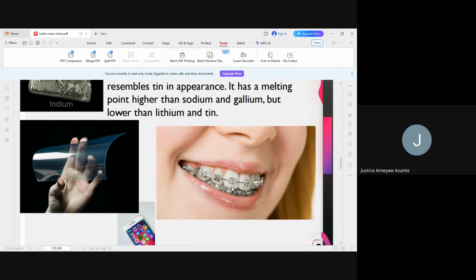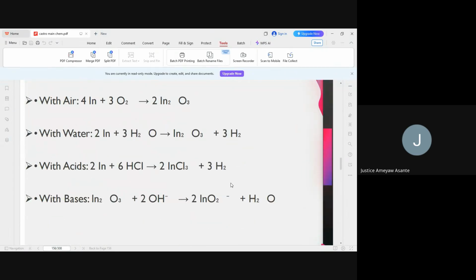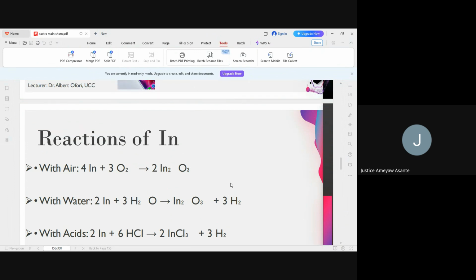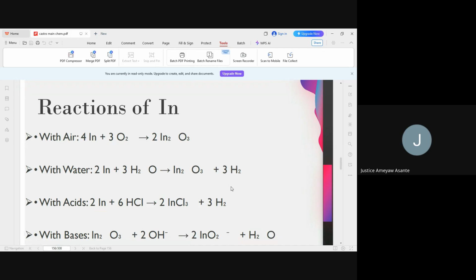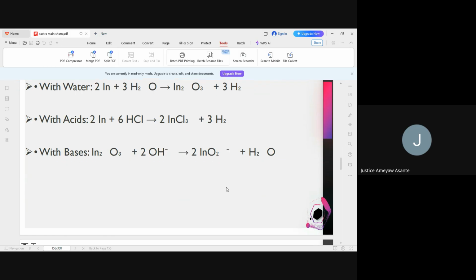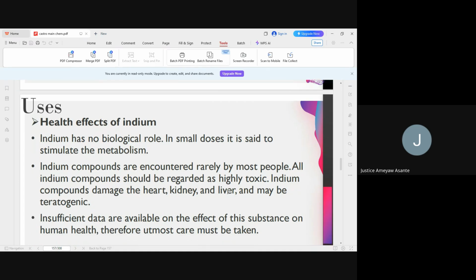It has a melting point higher than sodium and gallium, but lower than lithium and tin. Properties: it forms oxide with air, forms oxide with water and releases hydrogen gas. It also reacts with acid and base, so it is also amphoteric.